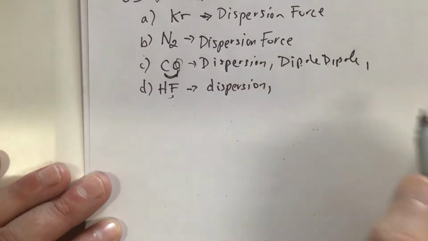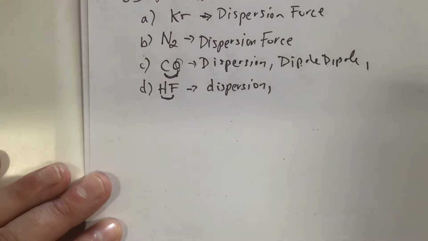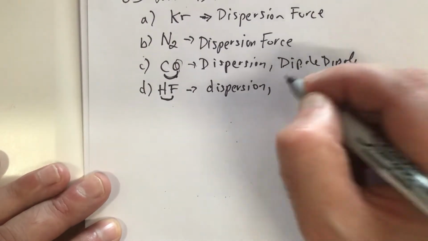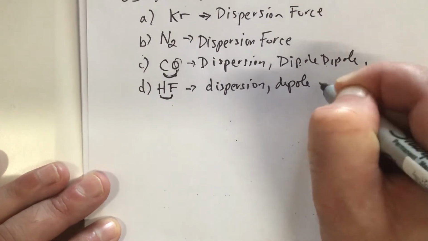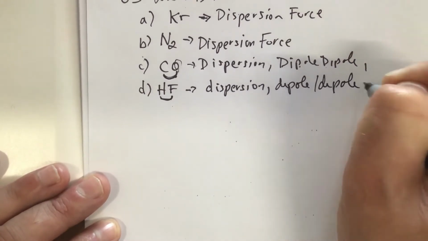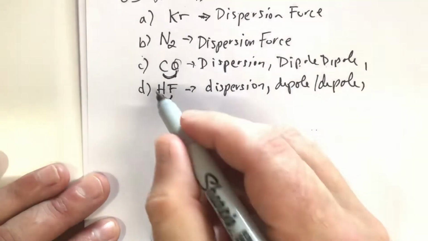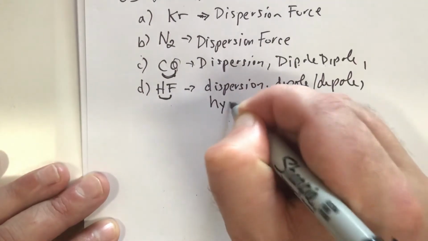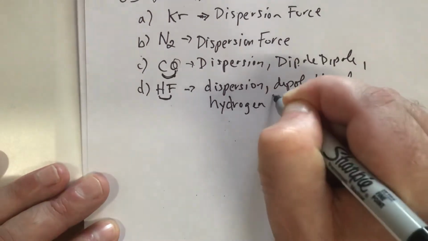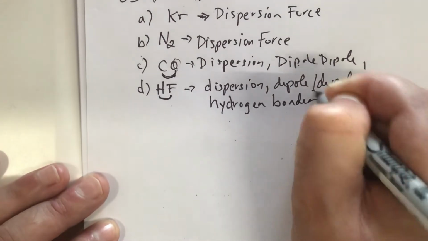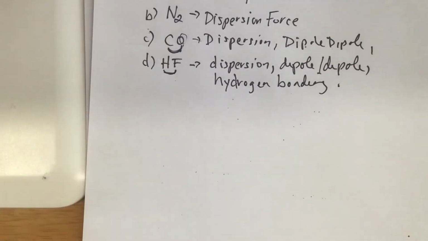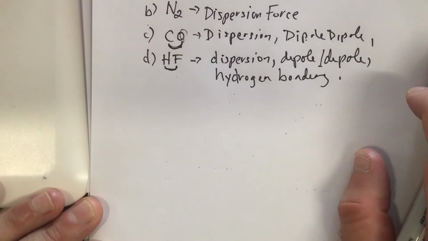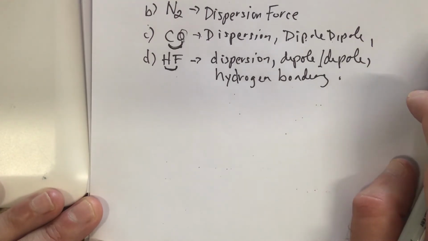Then there's a huge electronegativity difference there, fluorine being one of the most electronegative, so that is going to have a dipole force as well. And then because it's a hydrogen bonded to a fluorine, it's also going to have hydrogen bonding, but we don't have any kind of metal or non-metal ionic bonding there. Okay? So that is number 63.